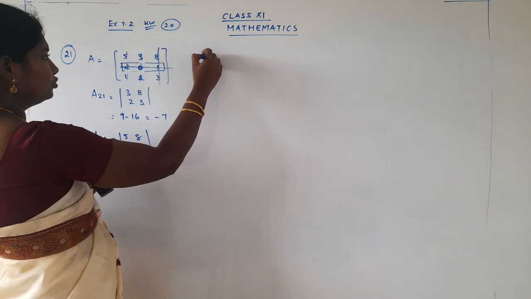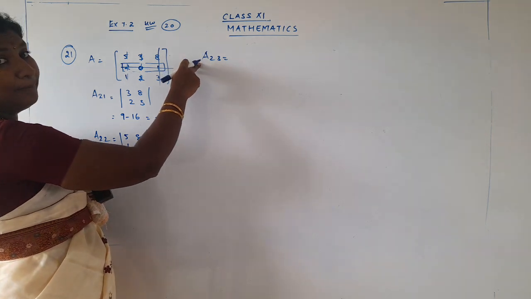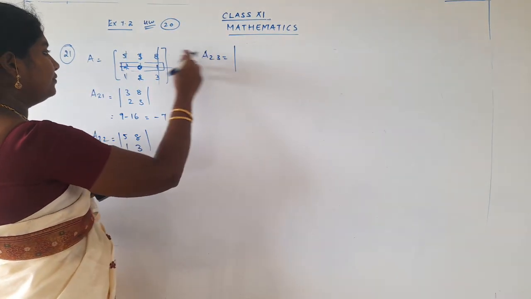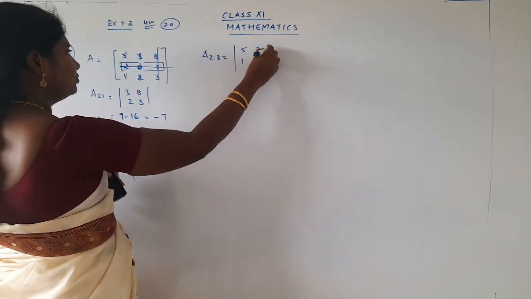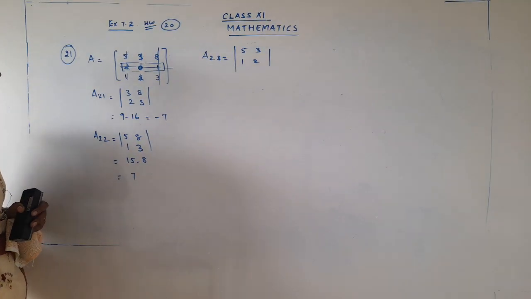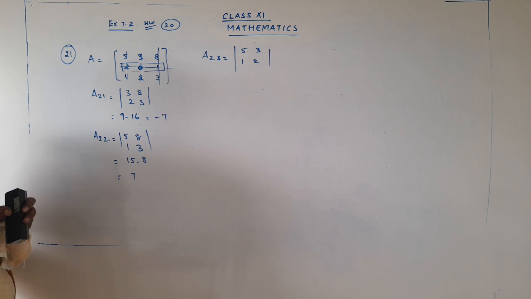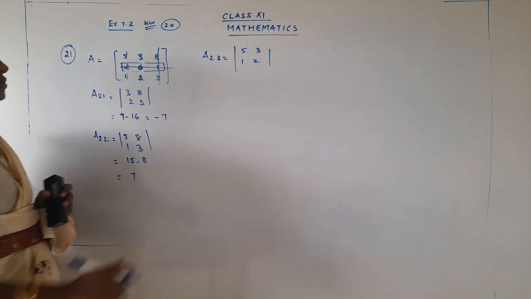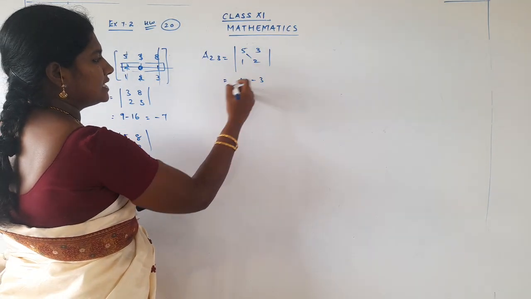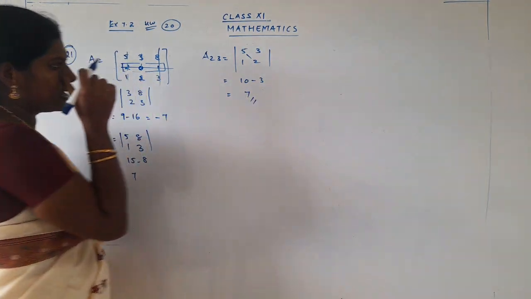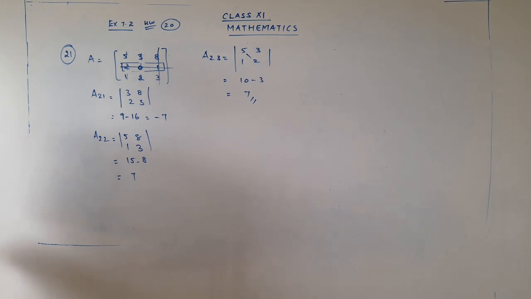So I get A23, you have to use only capital A, okay, don't use small. A23 is 5, 3, 1, 2. So this is 10, 5 2s are 10, 1 3s are 3. So main sign is minus, so I get the answer is 7. So I have found the answer for A21, A22 and A23.